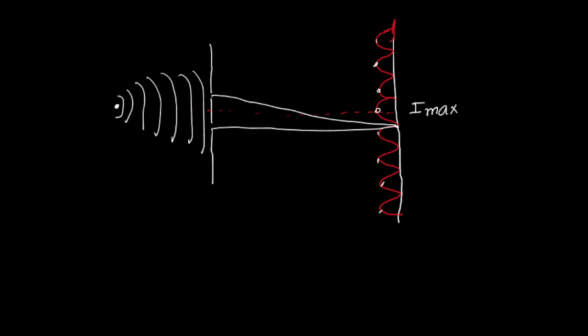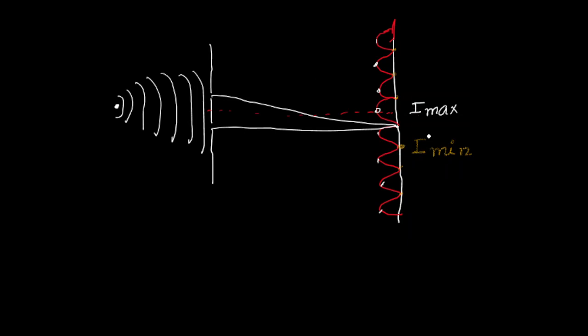And these are the points where intensity will be minimum, and the intensity at these points is defined as Imin. So if we want to calculate the visibility of an interference pattern, we have to calculate the value of maximum intensity and minimum intensity.